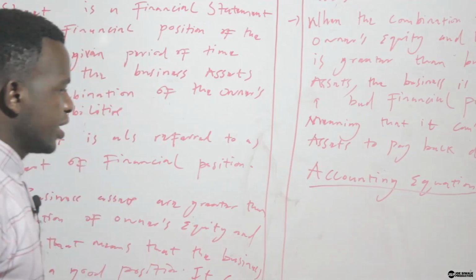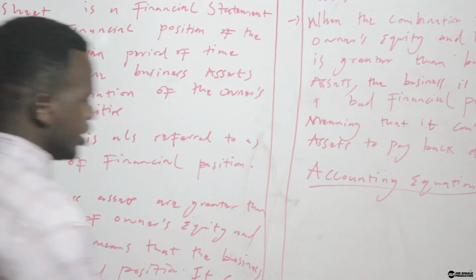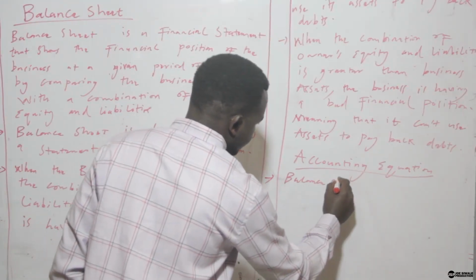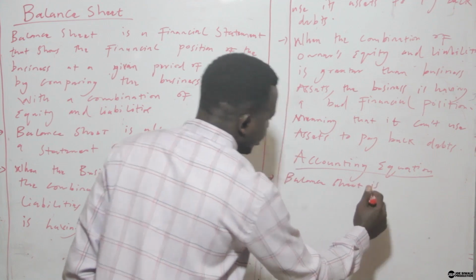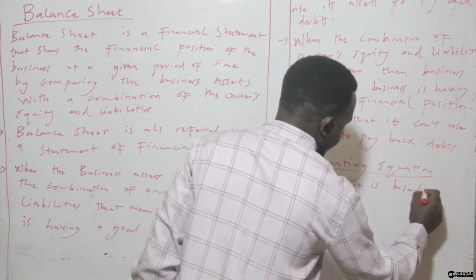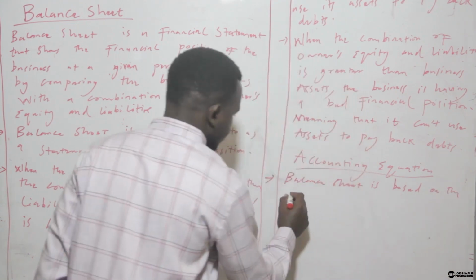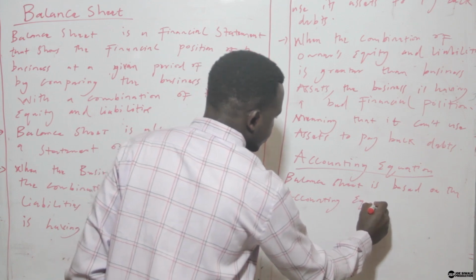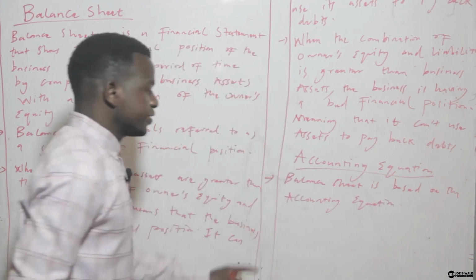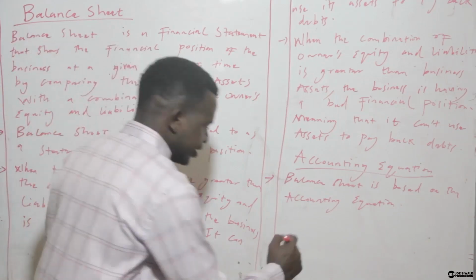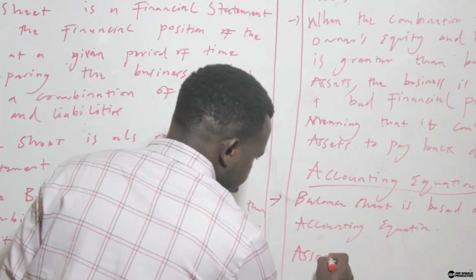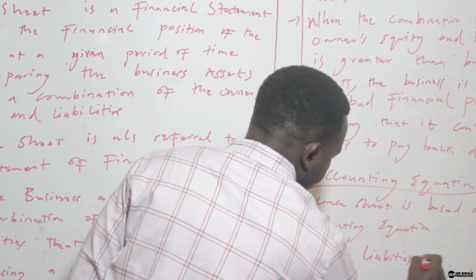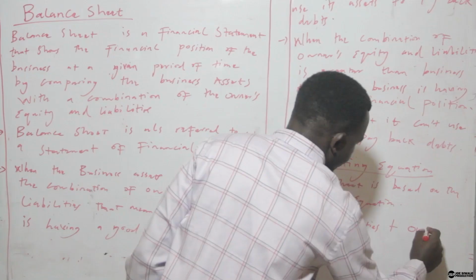So I've said that the balance sheet is based on the accounting equation. So that's the first point. So the balance sheet is based on the accounting equation, and we have said that the accounting equation can be written in this form. So we can say assets is equal to liabilities plus owner's equity.